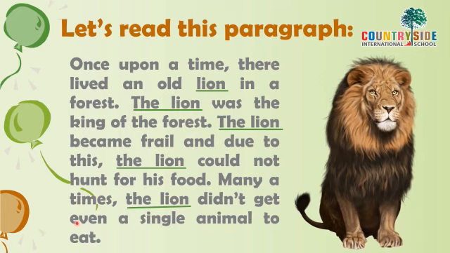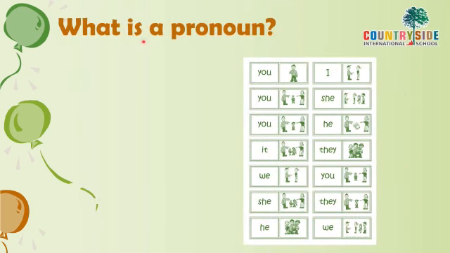Now, what can be done? Instead of writing the lion every now and then, we can use something. So let's study further. What can we do instead of that? What is a pronoun? In this chapter, we are going to study about pronouns.